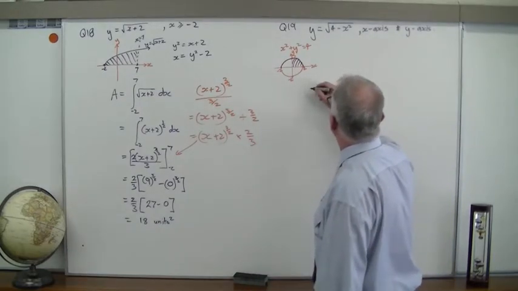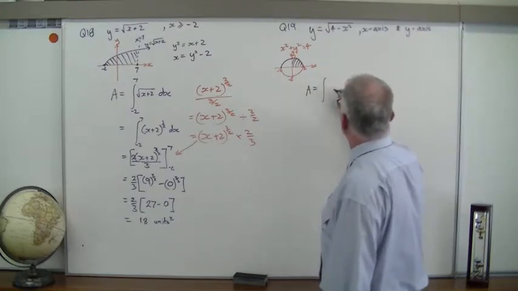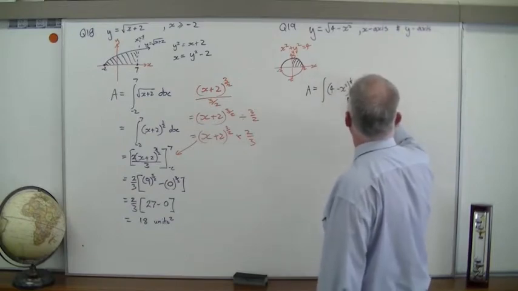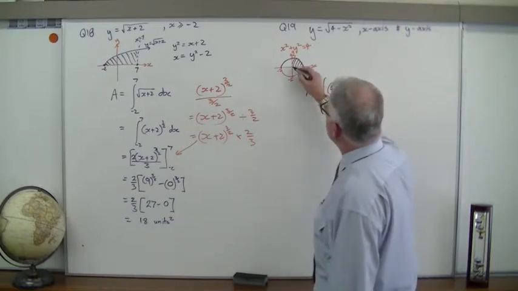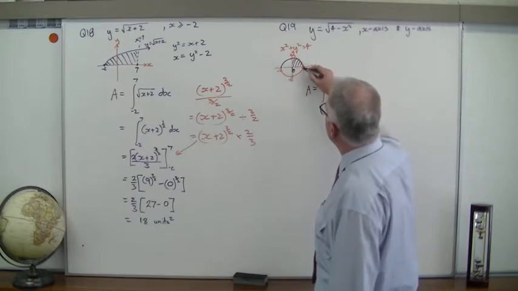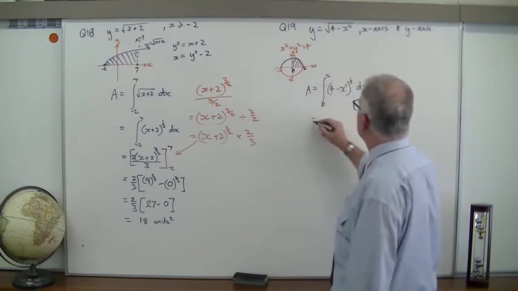Then we'll just have the area equals the integral of (4 minus x squared) to the power of a half, excuse me, with respect to x. And if it's in the first quadrant, then the limits will be from x equals 0 up to x equals 2. So from 0 to 2.